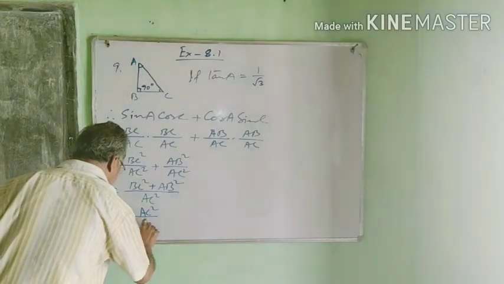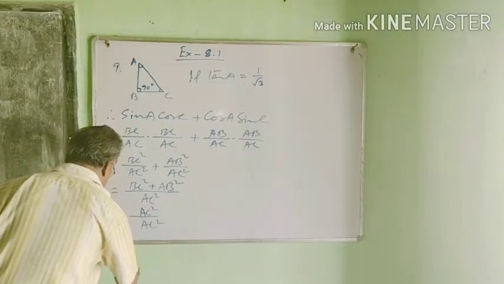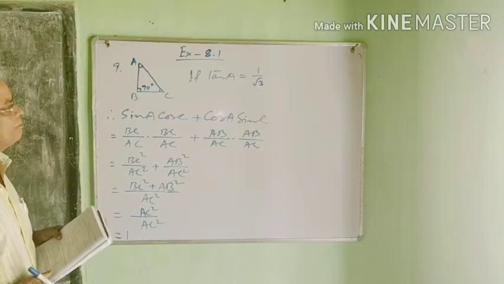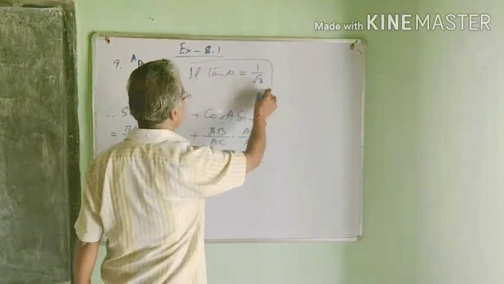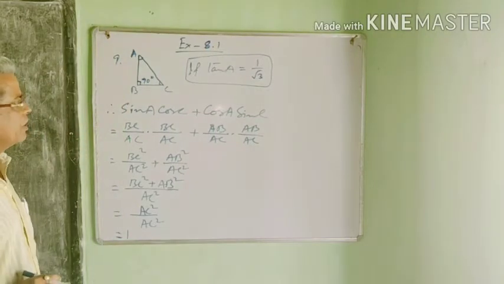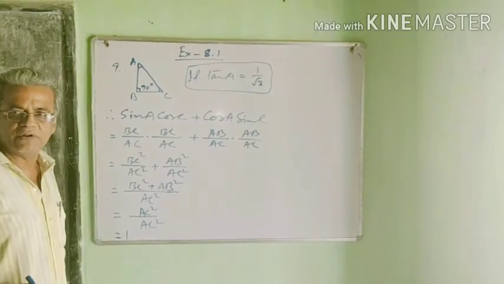So AC square by AC square is equal to 1. So ultimately, in this problem, this given condition is not at all required. We have not applied this given relation at all.